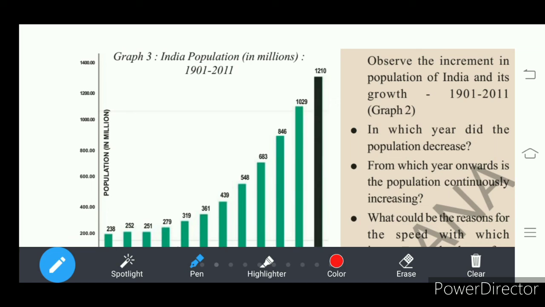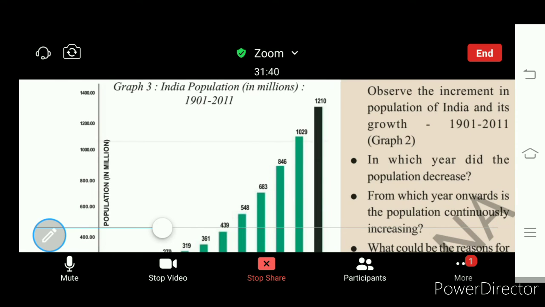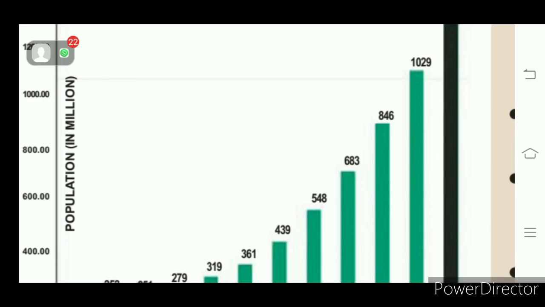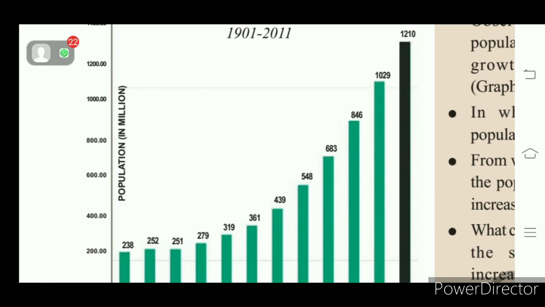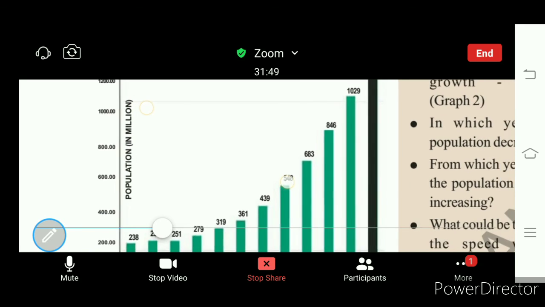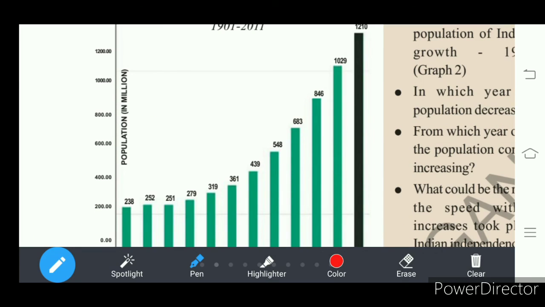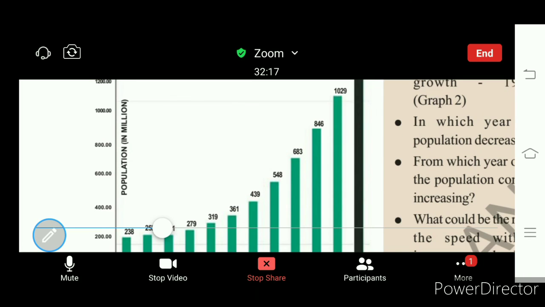Look here. I'll show that figure, the graph also. On one side, the population is shown. Dear students, look here. It is 238 millions in 1901 and 252 in 1911. Like that, it is 846 in 1991. By 2001, 102, and by 2011, it is 121.